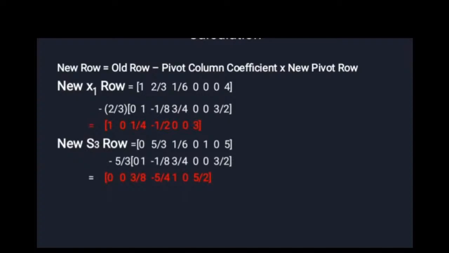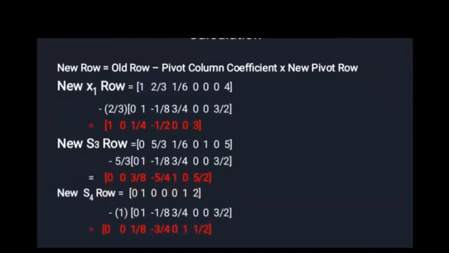New S3 row: old row minus the coefficient of the pivot column multiplied by the new pivot row. After calculating these values, we get the new S3 row, which is 0, 0, 3 by 8, minus 5 by 8, 1, 0, 5 by 2. The new S4 row is equal to the old row minus the coefficient of the pivot column multiplied by the new pivot row.